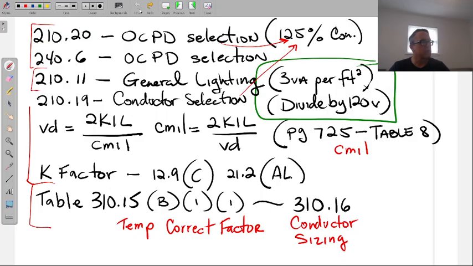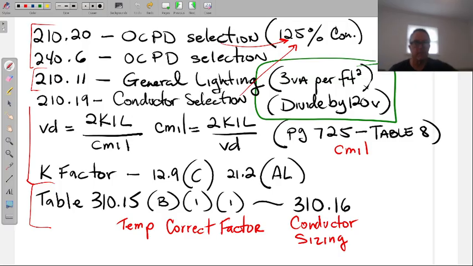It comes out of Article 210.11, which is branch circuit selection. This is the article that gave us how to figure out how many branch circuits we need in a dwelling unit. There's a few things it tells us. For the small appliance circuit, in the kitchen on the countertops, I have to have 2 of them, and they have to be 20 amps.